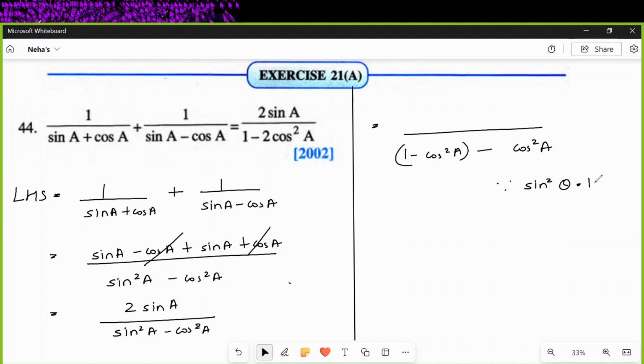Therefore, sin square theta is equal to 1 minus cos square theta, and the numerator will remain 2 sin a. Now open the brackets. It will give us 2 sin a divided by 1 minus 2 cos square a, which is equal to the right hand side, and hence we have proved that the left hand side is equal to the right hand side.